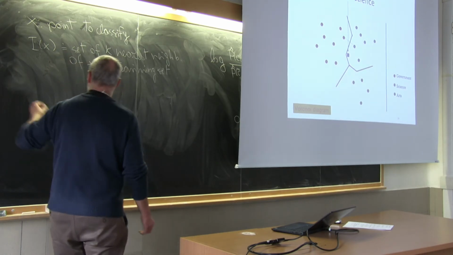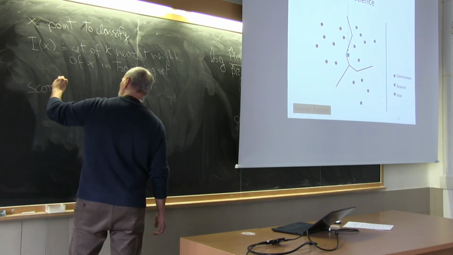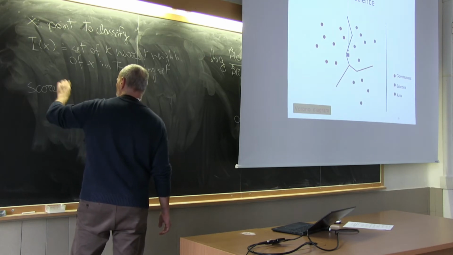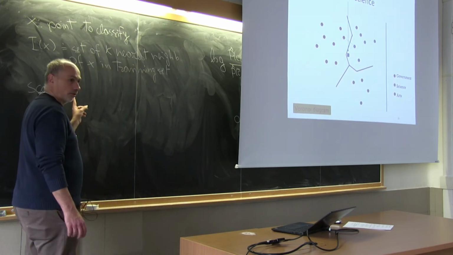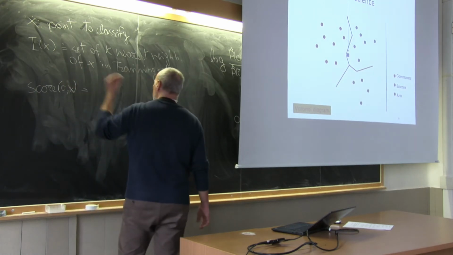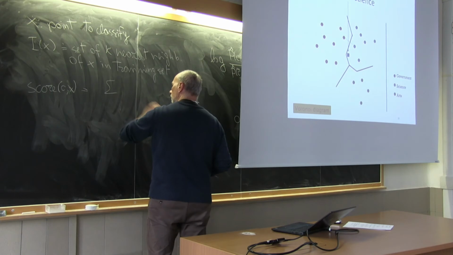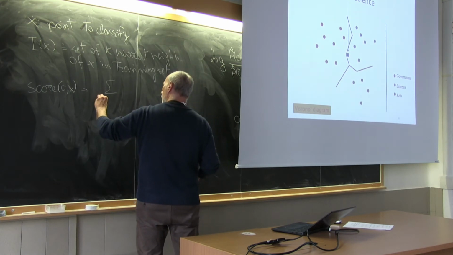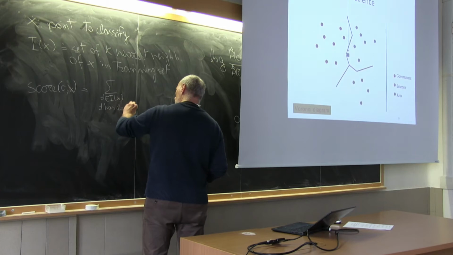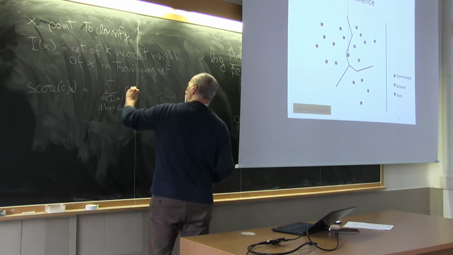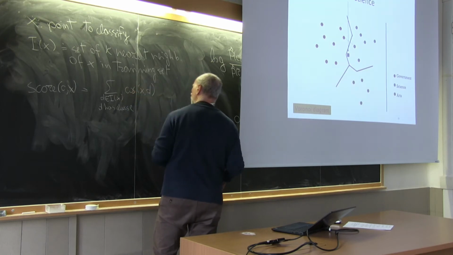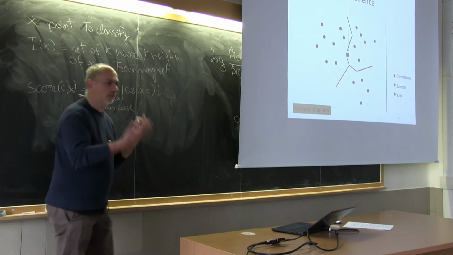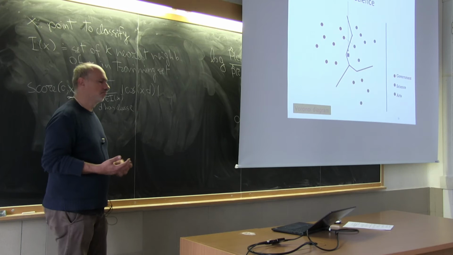Then, let's say the score of class C for document X to classify will be just something proportional to this, for example, something like this. Why am I putting the absolute value to get a positive score?